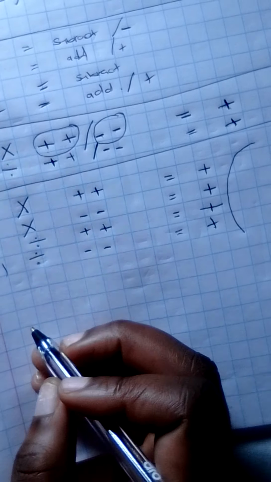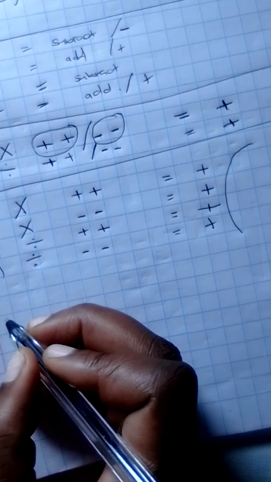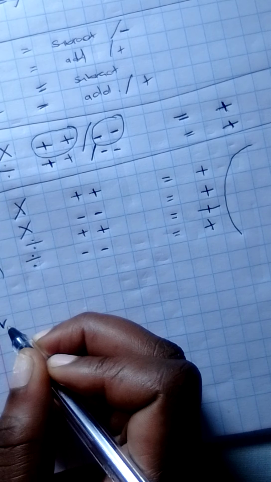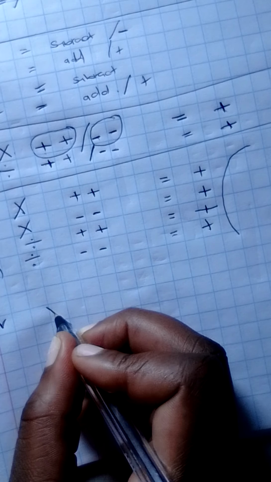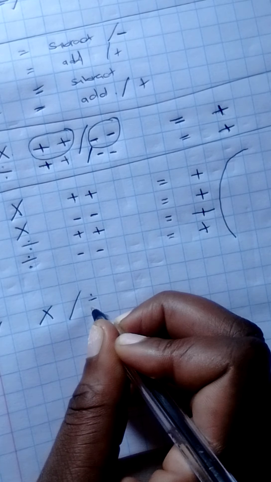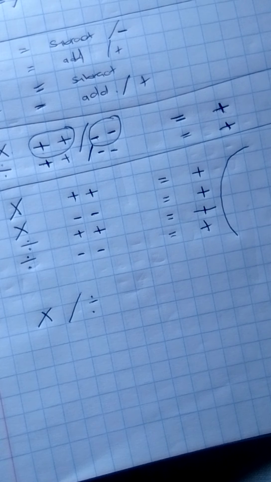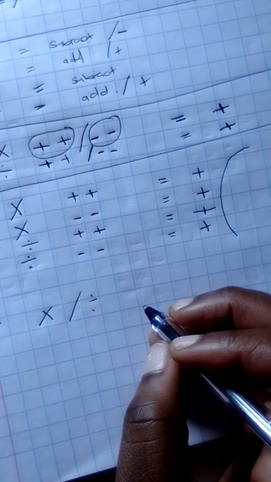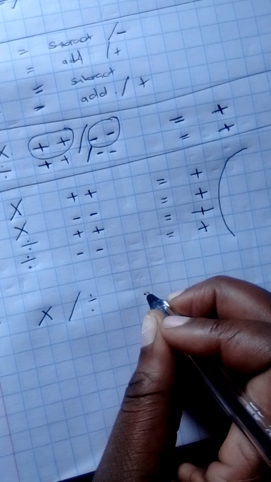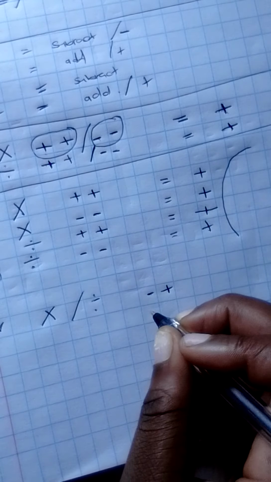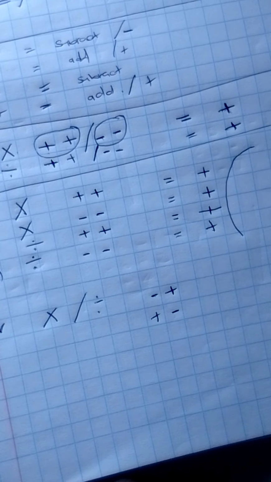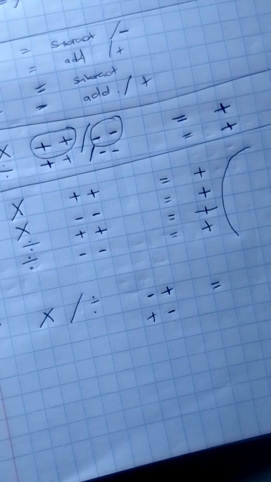Then concept number 5 is saying whenever you multiply or you divide two numbers with different signs, it can be minus, plus, or plus and minus, you divide those numbers, then your answer is supposed to have a what?